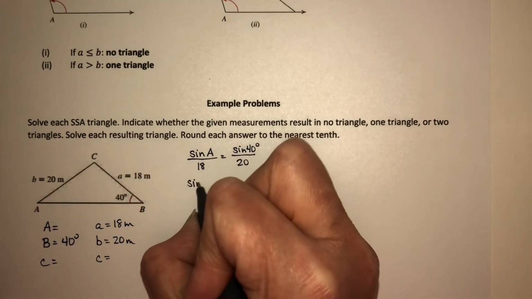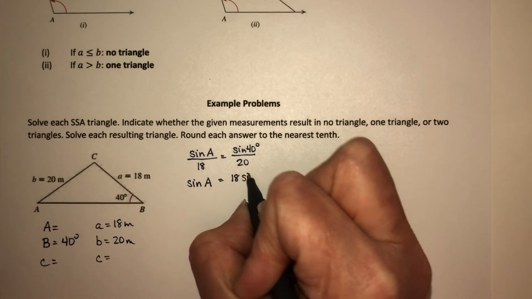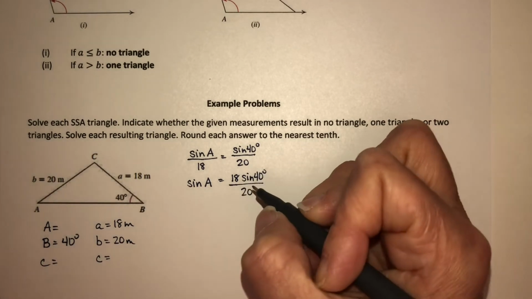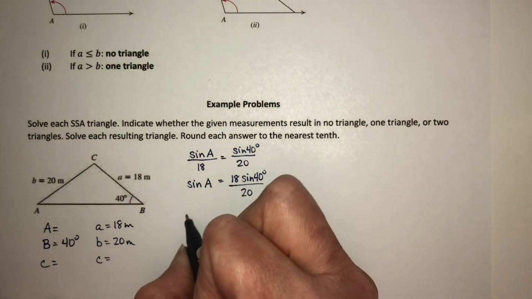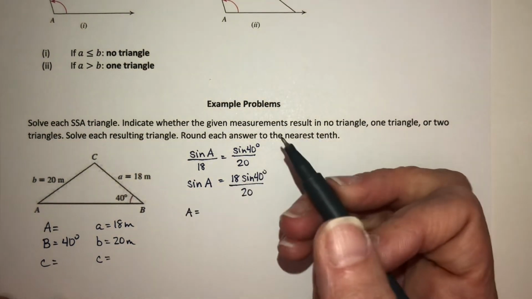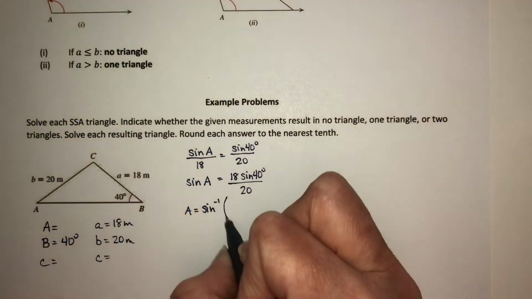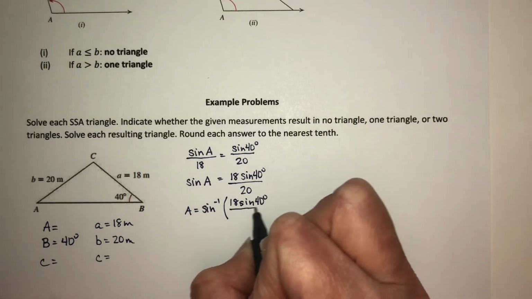So sine of A is 18 times sine of 40 degrees over 20. And so A would equal, or at least one possibility for A would equal, sine inverse of 18 sine of 40 degrees over 20.